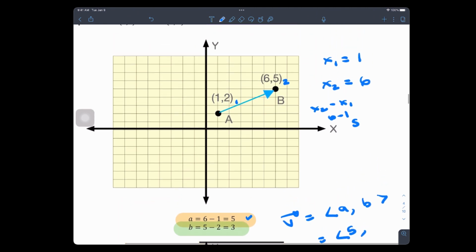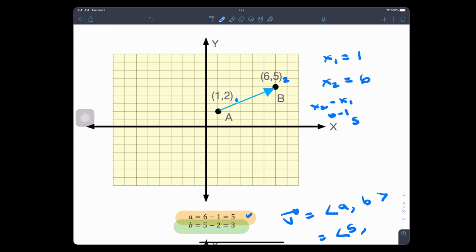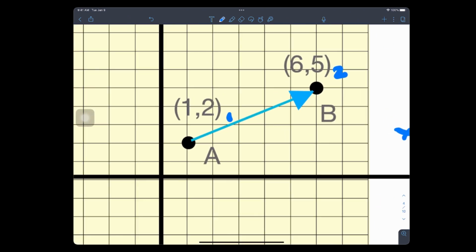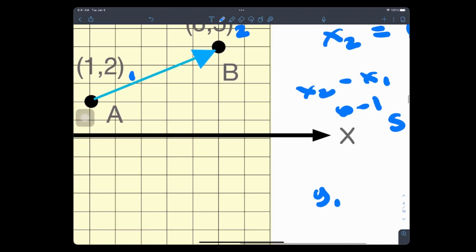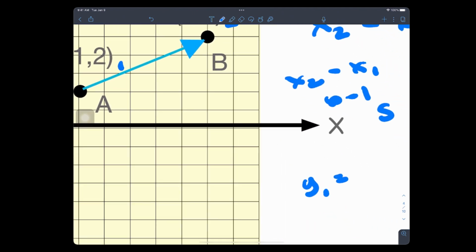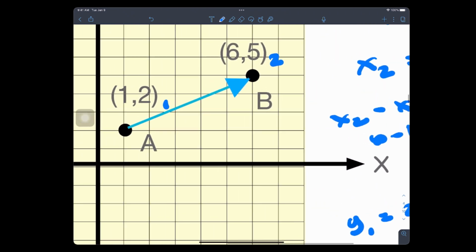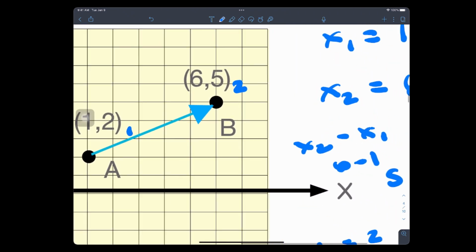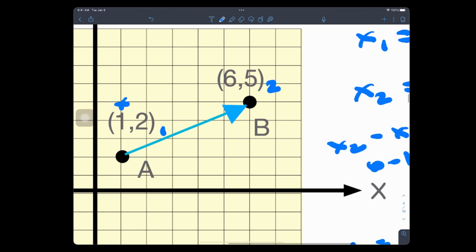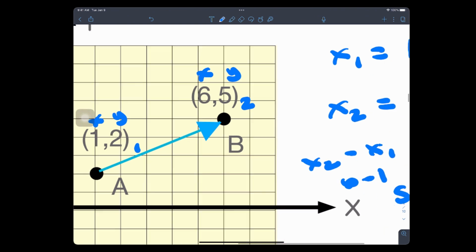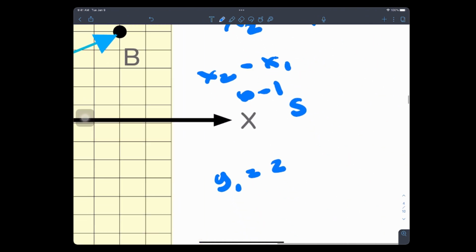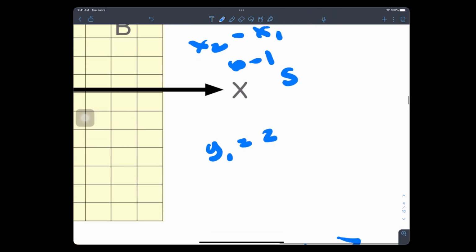All right, so you go, well, how do we get the B value? Well, y1 is right here. It's the y value in the first point. So y1 is going to be the number what? 2, right here. And then y2, because you say this is an x coordinate, y coordinate, x coordinate, y coordinate. So what's the value of y2? Well, y2 is going to be 5.